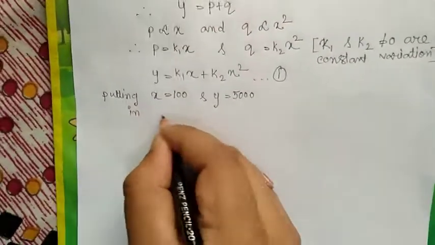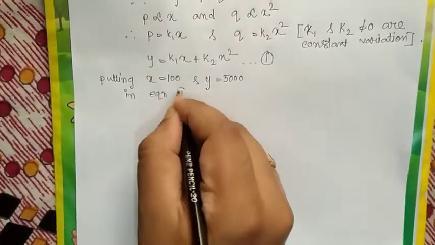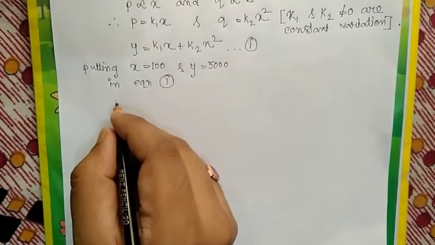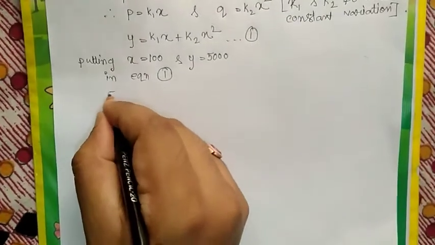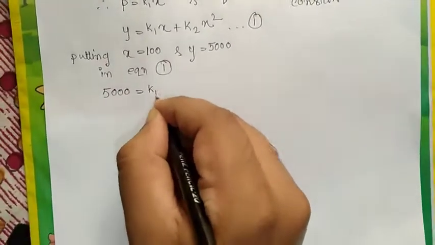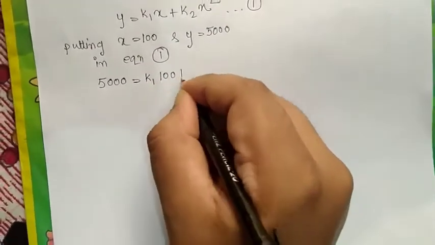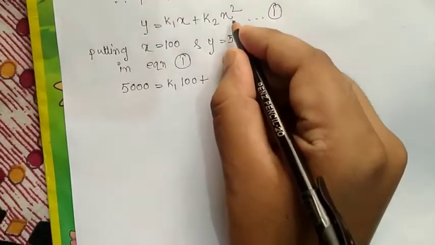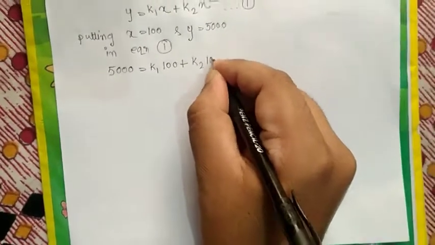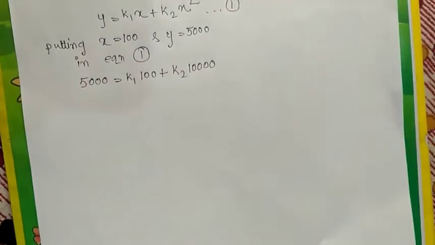In equation 1 we get 5,000 equal to k1 into 100 plus k2 into 100 square, means 10,000.